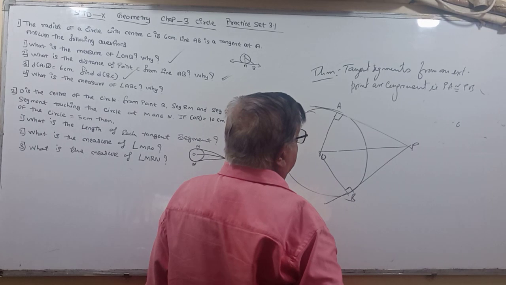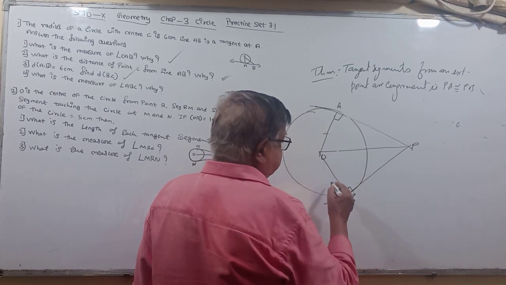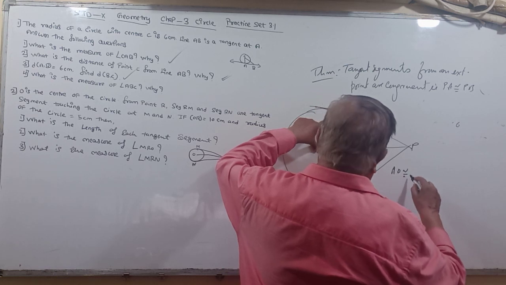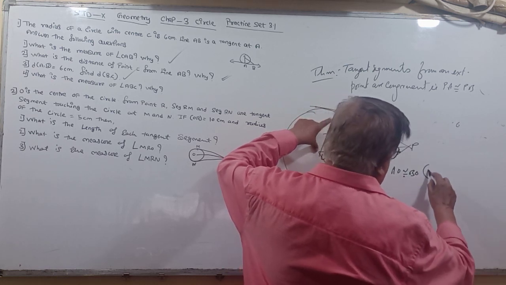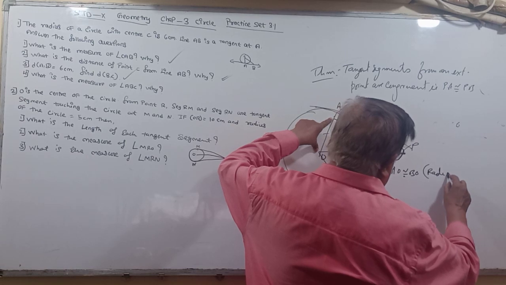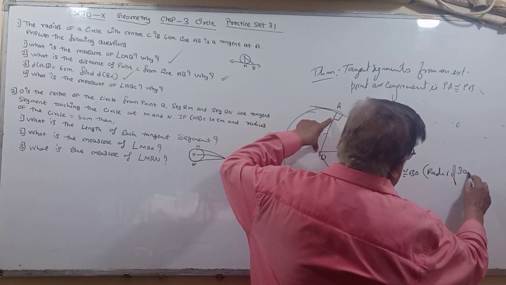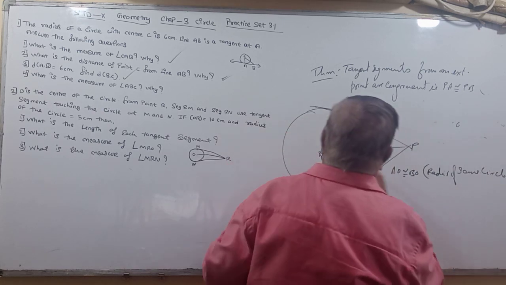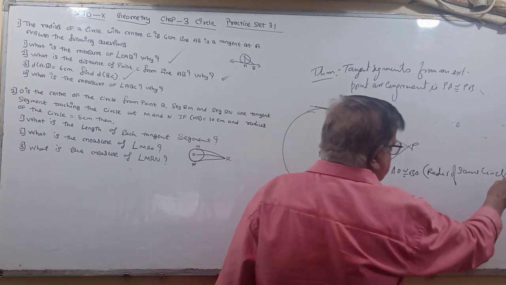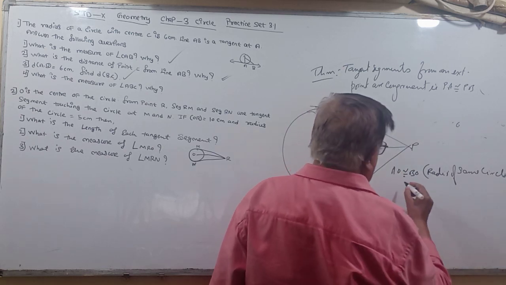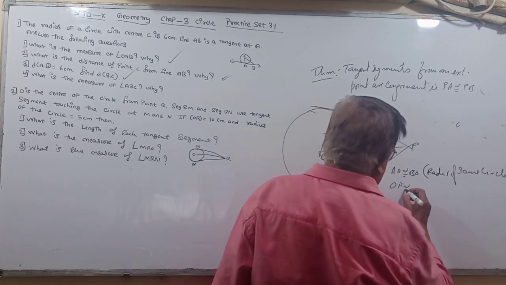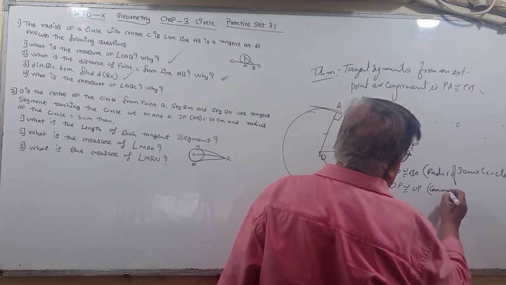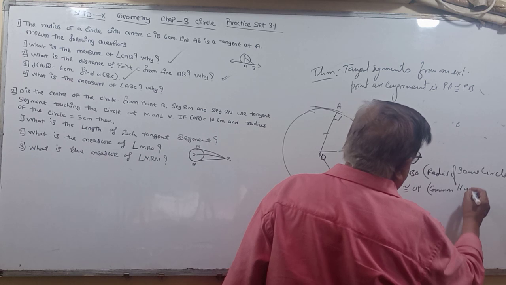Now, you know, this is radius and this is radius. AO congruent to BO, radii of the same circle. OP congruent to OP, common hypotenuse.